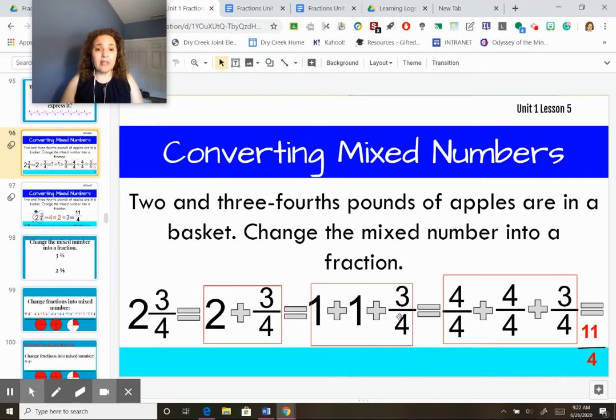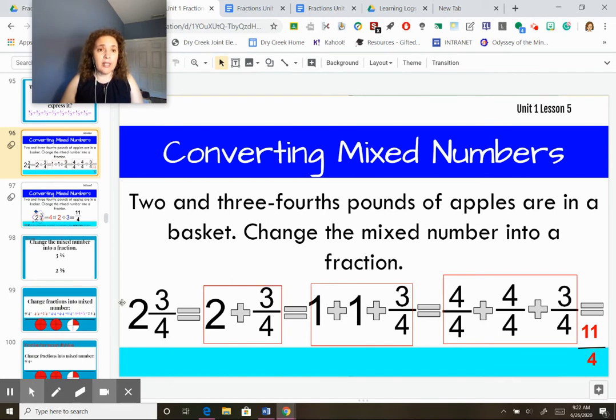I can break that down even further. Since I have fourths, I know that this 1 represents a 4 over 4. This one represents a 4 over 4, and then my 3/4. Now I just add: 4, 8, 11 over 4. So that's one way to do it, okay? This is a little bit longer, but it's one way to do it.